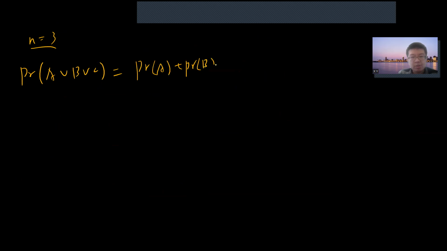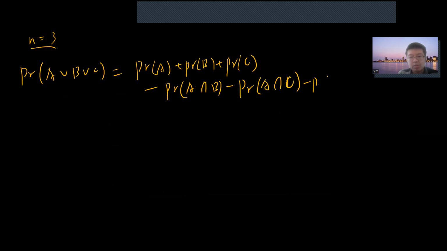And then let's say n equals 3. So you have the probability of A union B union C is basically the probability of A, B, C minus the probability of A intersection B, A intersection C, minus the probability of B intersection C, plus the probability of A, B, and C, right?